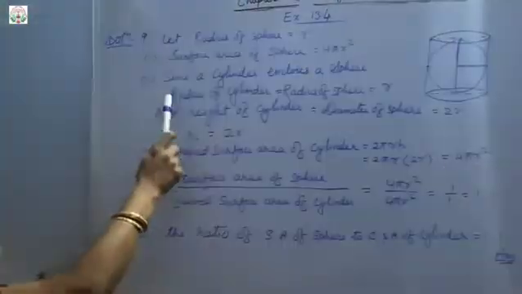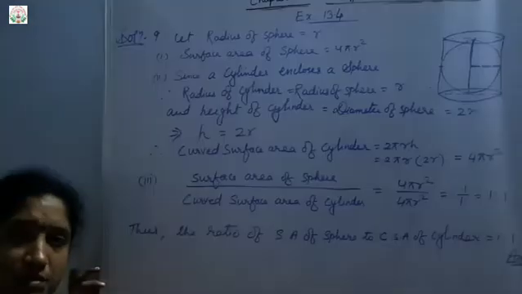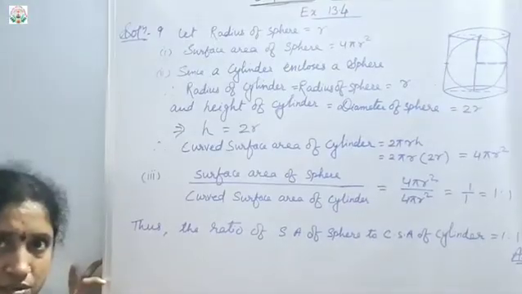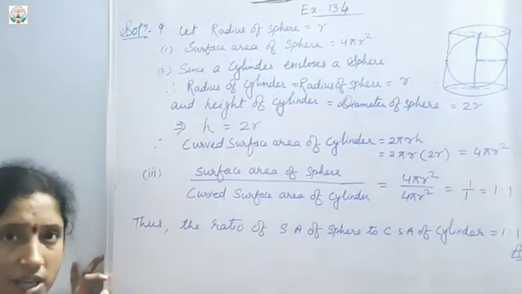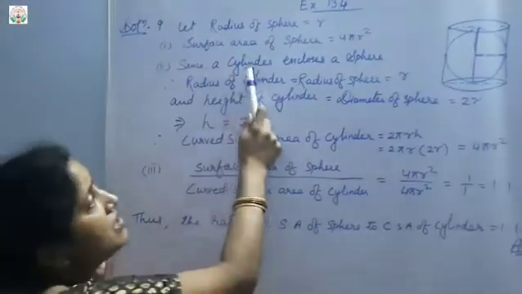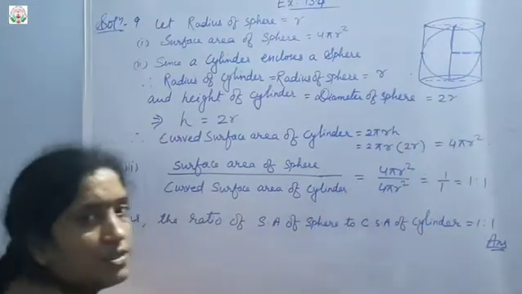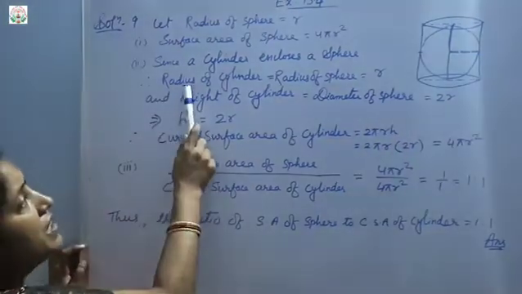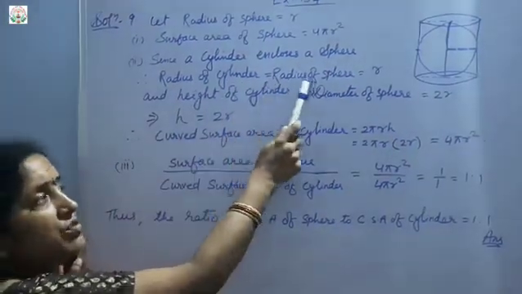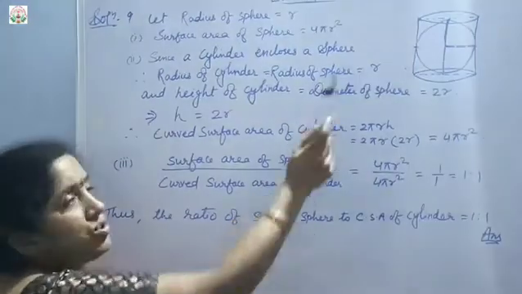Now, second is what? We have to find the curved surface area of the cylinder. So for that we need the height. Since the cylinder encloses a sphere, you can see the figure, the radius of the cylinder will be the radius of the sphere. That is equal to r.